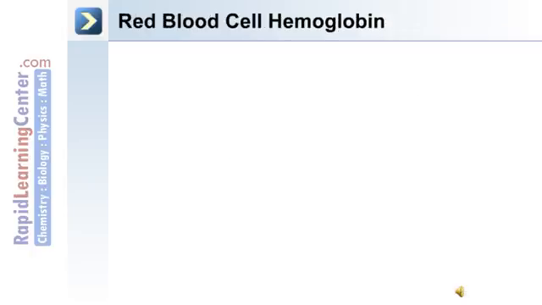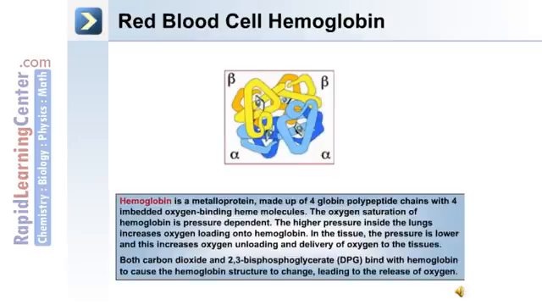The key transport protein in a red blood cell is hemoglobin. Hemoglobin is a metalloprotein made up of 4 globin polypeptide chains with 4 embedded oxygen-binding heme molecules. The oxygen saturation of hemoglobin is dependent on pressure.